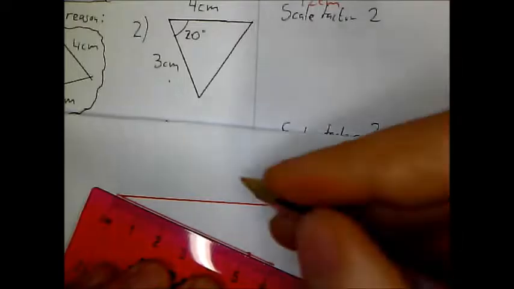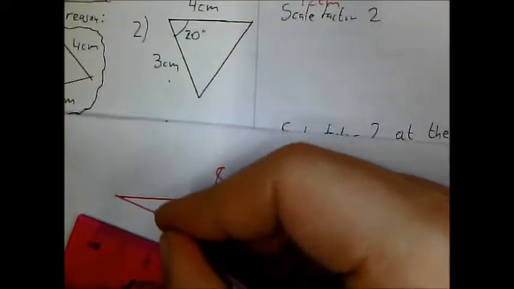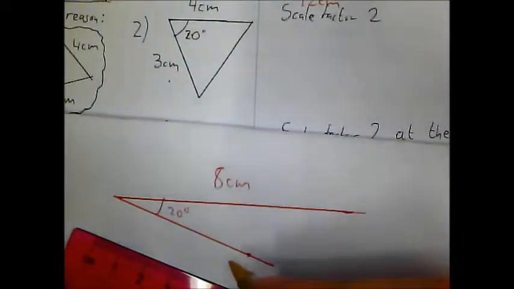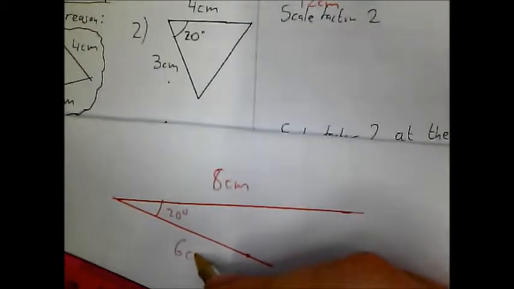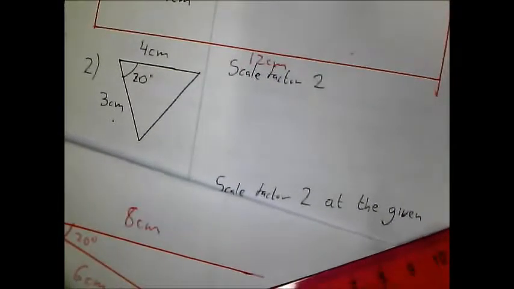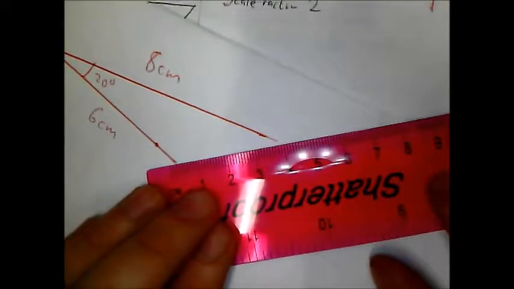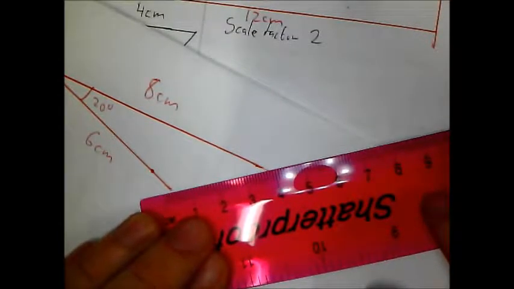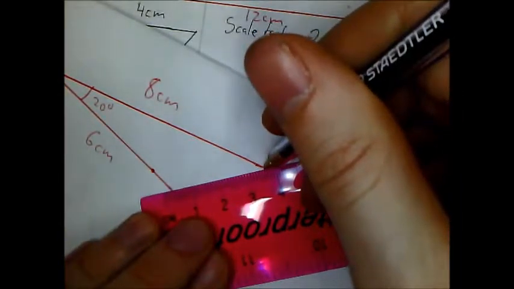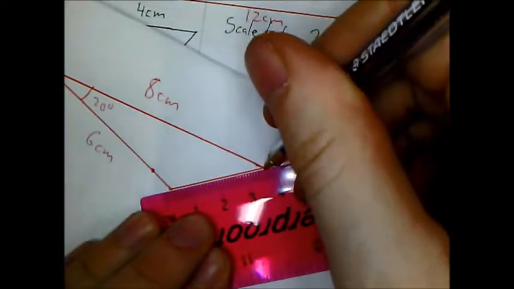So that was 8 centimeters, that's 20 degrees, and this is 6 centimeters, and then I just connect my points together like this. And there is my finished triangle.